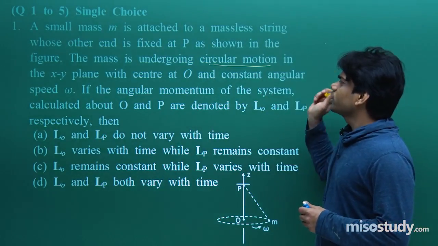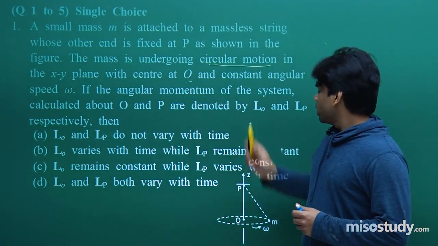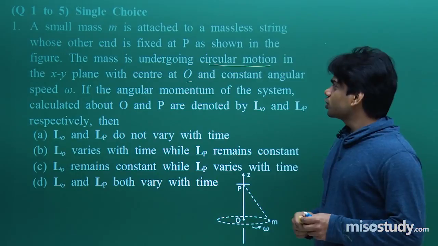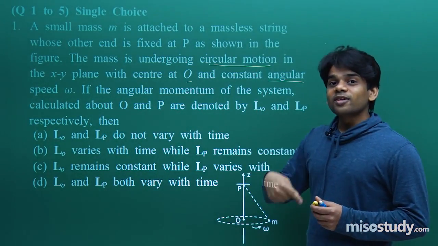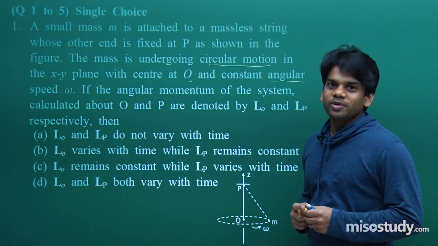The circular motion in the xy plane has its center at O, with constant angular speed omega; the angular speed does not vary, it remains constant.